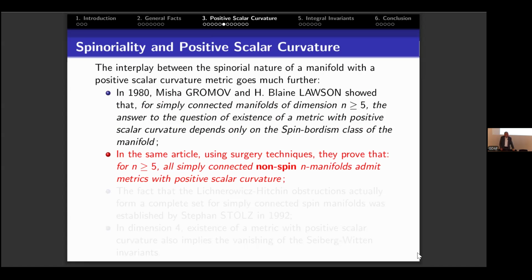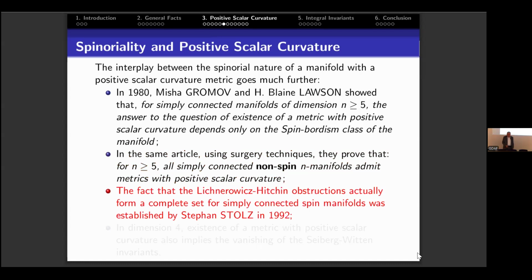So this is a very interesting situation: if you have a non-spin manifold, it means the Stiefel-Whitney class doesn't vanish. A very small topological invariant not vanishing actually gives you room to create metrics with positive scalar curvature. It shows how much the problem of finding metrics with positive scalar curvature is connected to topology in a very complicated way.